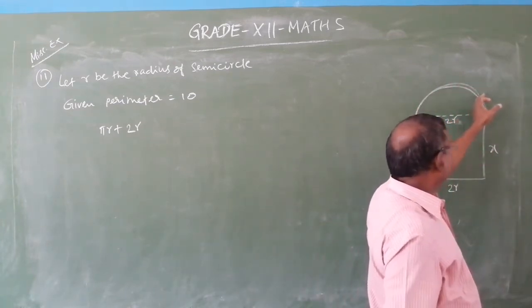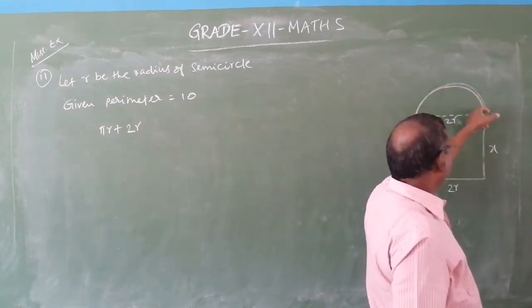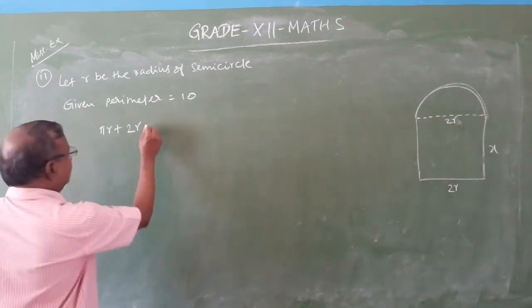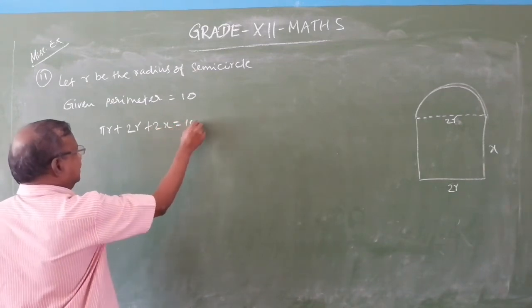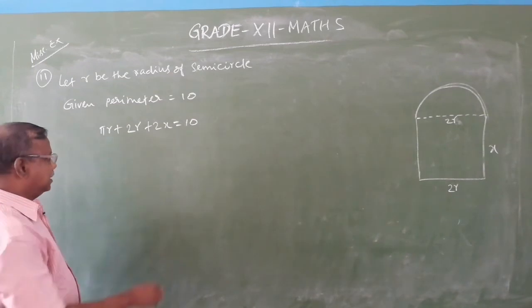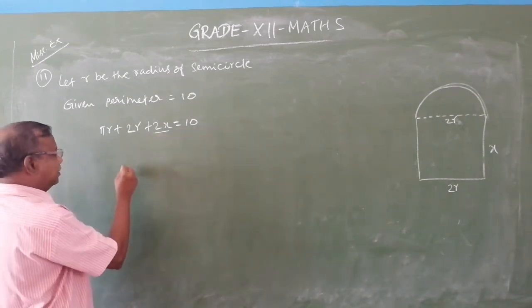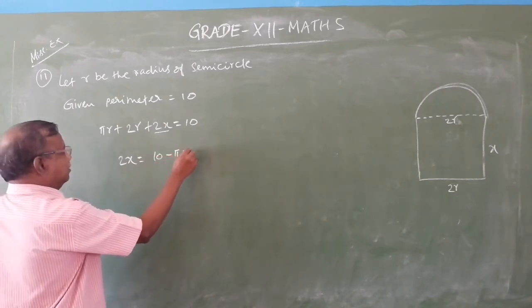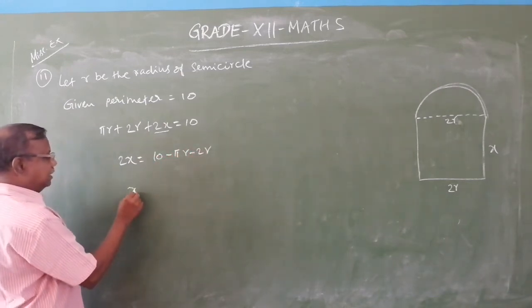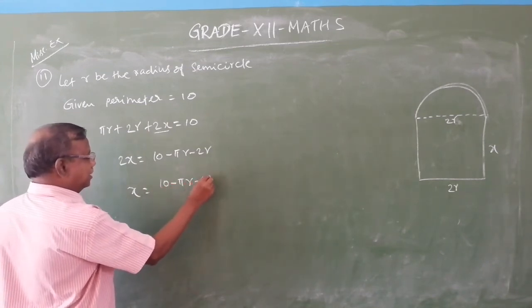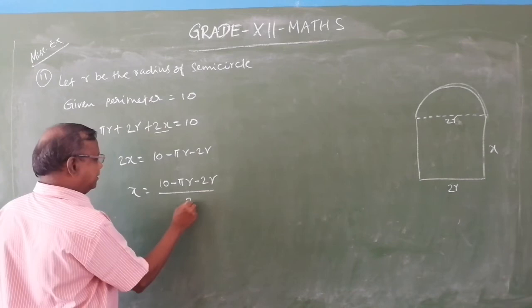So the perimeter is pi r plus 2r plus 2x equal to 10. We can convert one variable in terms of another. Let us convert x in terms of r. Therefore, 2x equals 10 minus pi r minus 2r. So, x equals (10 minus pi r minus 2r) divided by 2.